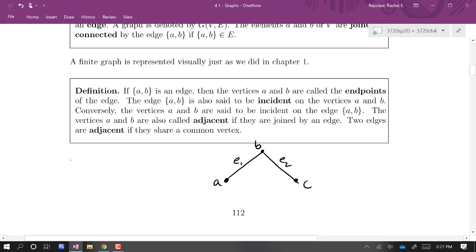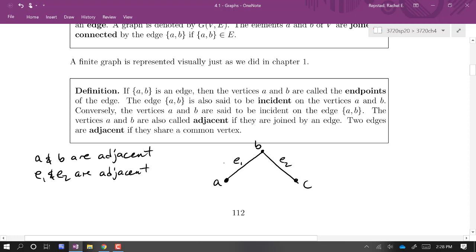We would say that vertices A and B are adjacent because they're connected by the edge E1. And then E1 and E2 are adjacent because they share the vertex B.